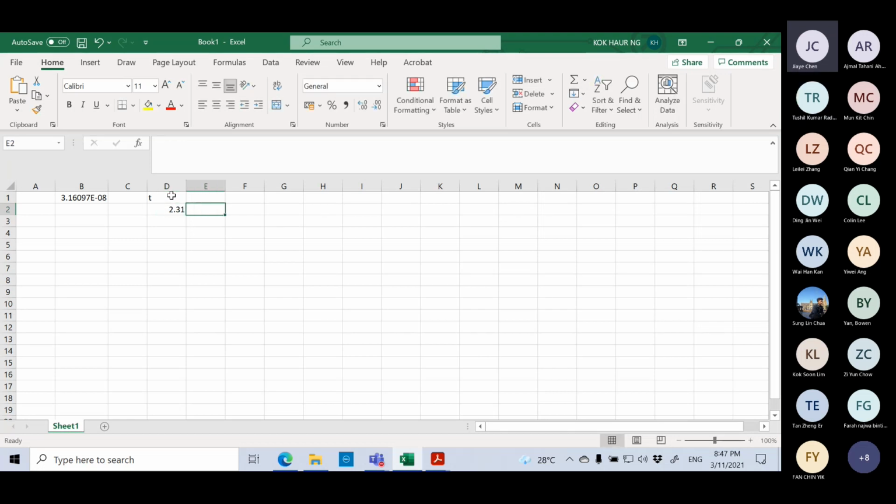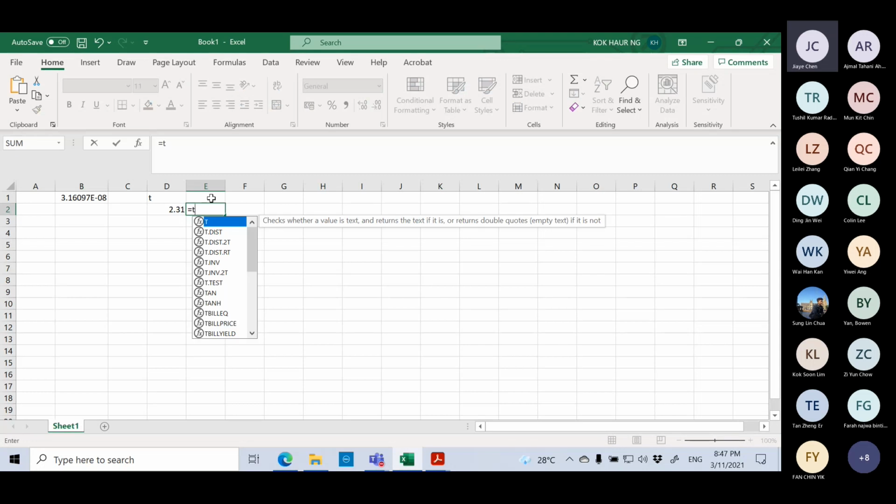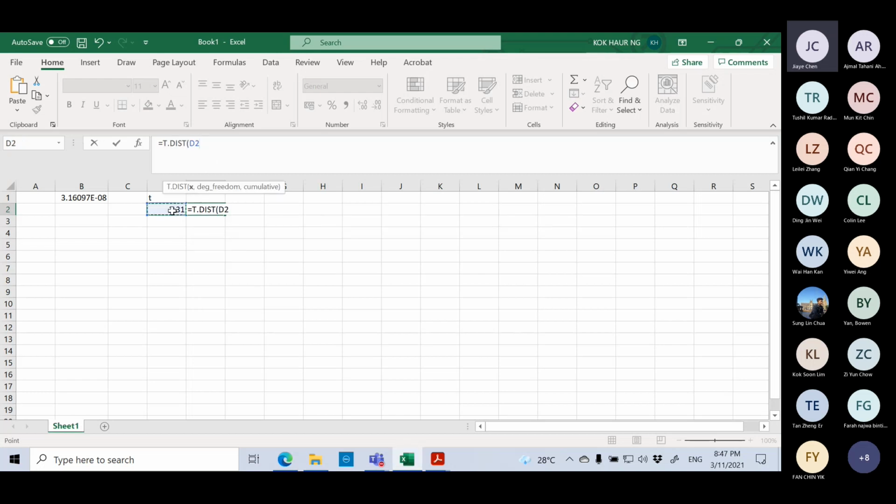I believe that Excel will have this. So I just go to the t distribution. I key in the value of x here, followed by the degrees of freedom. In this case, the degrees of freedom is 12. Then I will give the true. True stands for the cumulative.